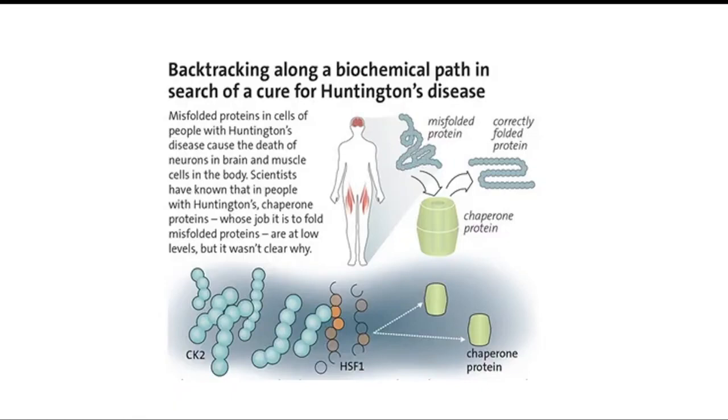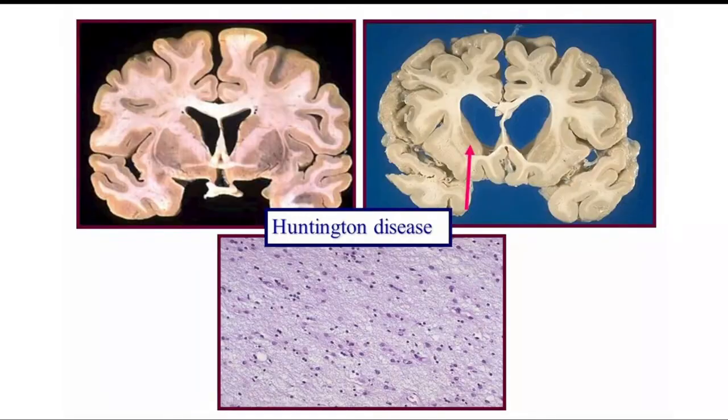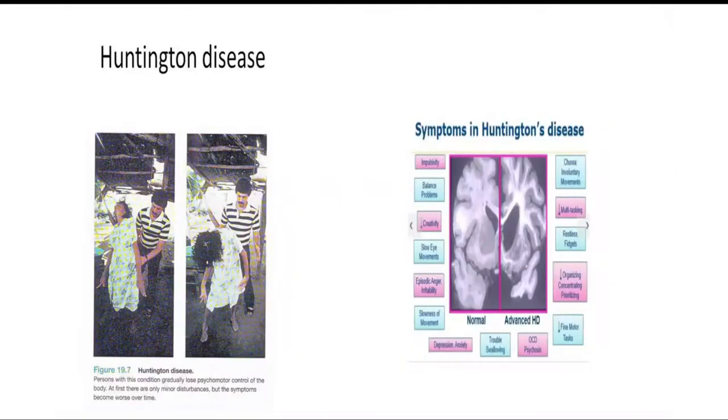Scientists have known that in people with Huntington's, chaperone proteins, whose job it is to prevent protein misfolding, are at low levels, but it wasn't clear why. So, as a result of this mutation, the death of neurons happens in the brain.